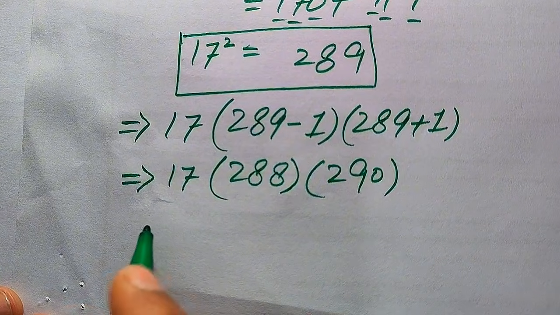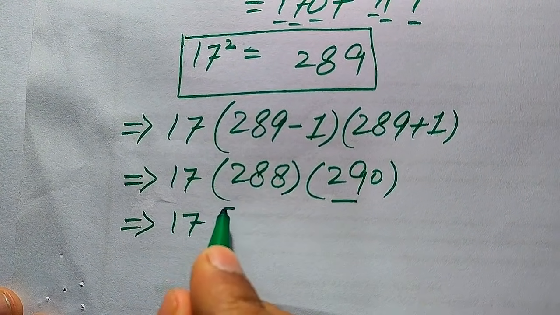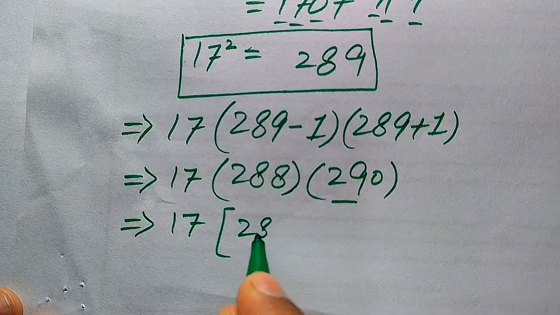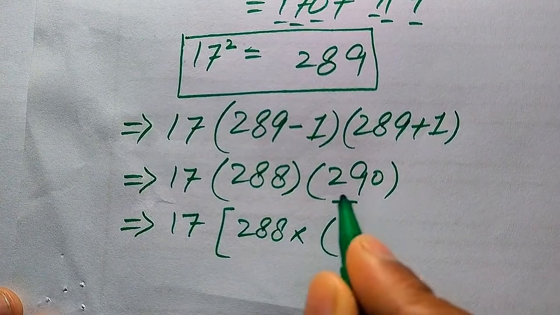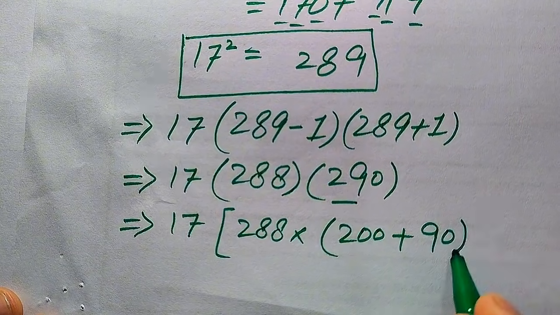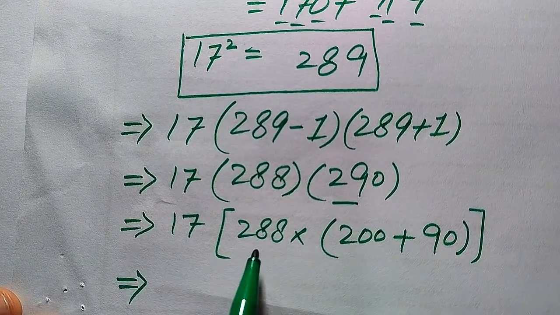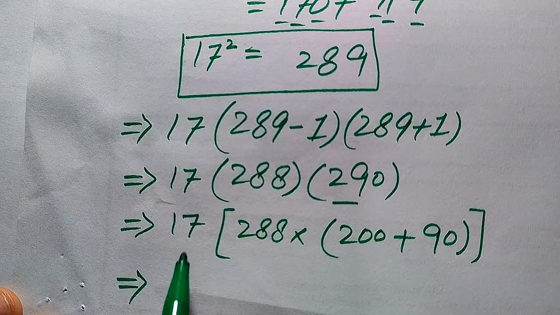In order to multiply these two bigger numbers, we need to break this value in this form. This is 17 times 288 multiplied by 290. We break this term as 200 plus 90. Further in the next step, first we need to multiply these values and its resulting answer is multiplied by 17.